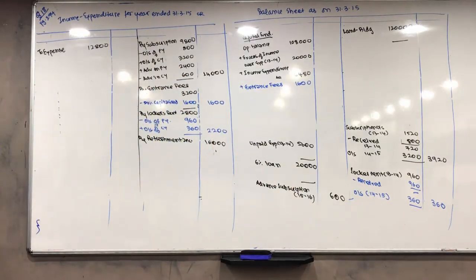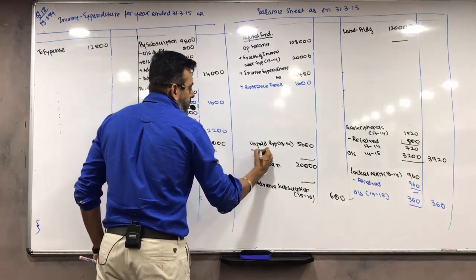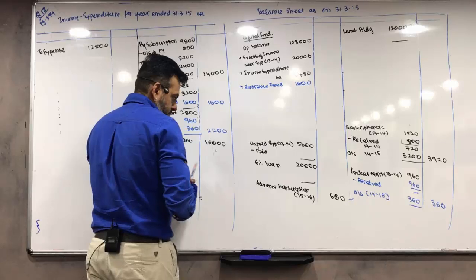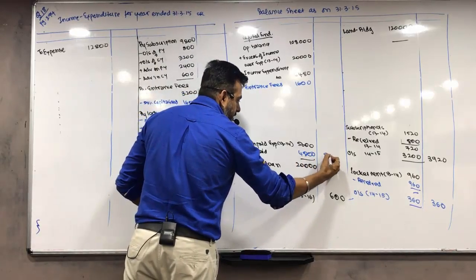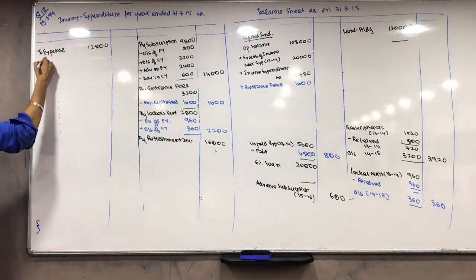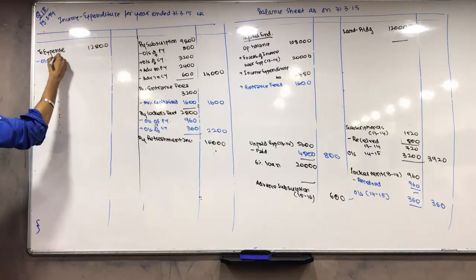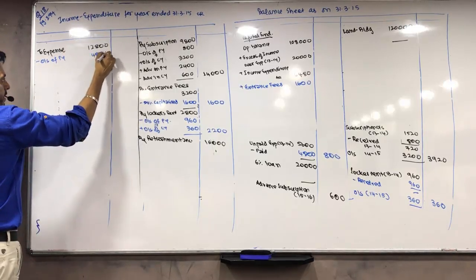How much did we pay for 13-14? 4,800. So minus paid 4,800. Still outstanding 800. Minus outstanding of previous year 4,800.